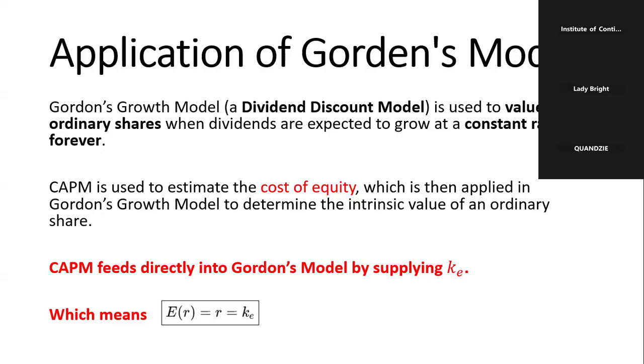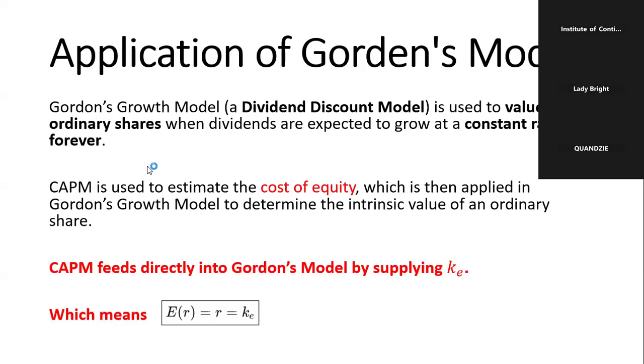So both of them are looking for the same thing. CAPM can supply the cost of equity for you to use in the Gordon's growth model. And that is all the explanation that is there.